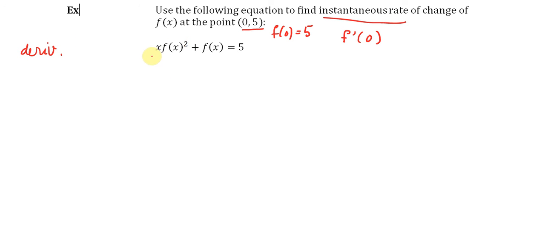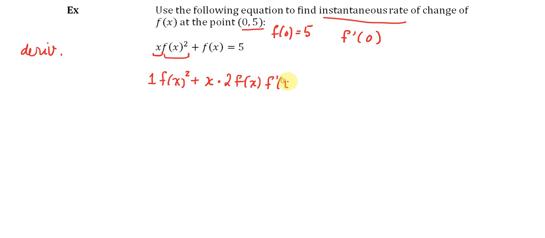The derivative of the left side involves using the product rule. x is one part, and f of x squared is another part. So the derivative of the first part is just 1 times the second part, f of x squared, plus the first part, x, times the derivative of the second part, which is 2 f of x times f prime.